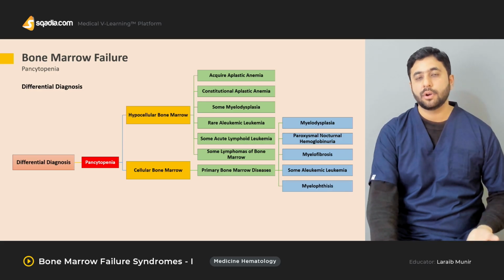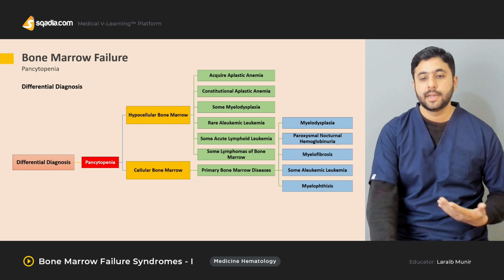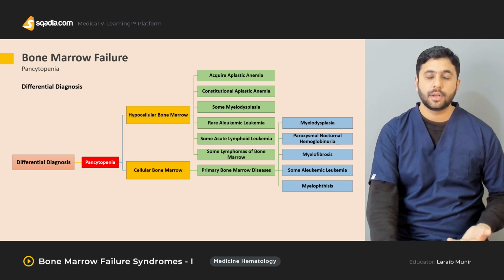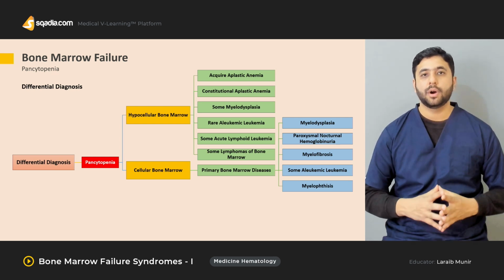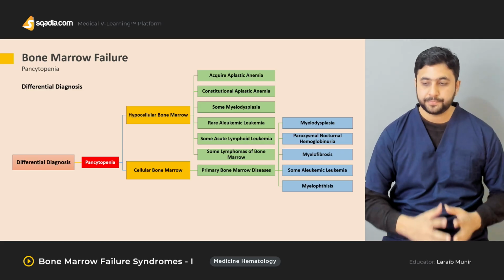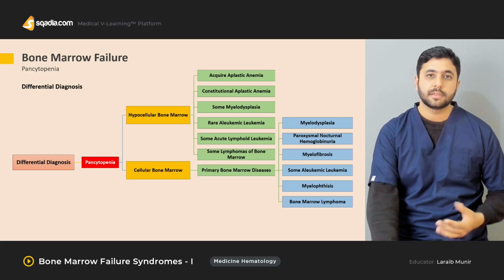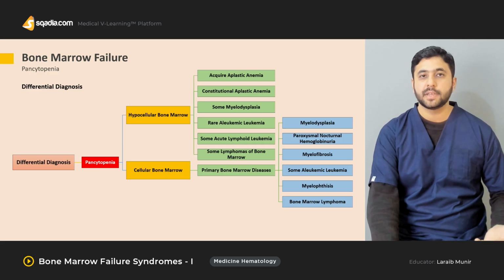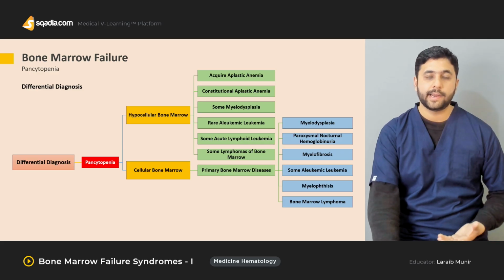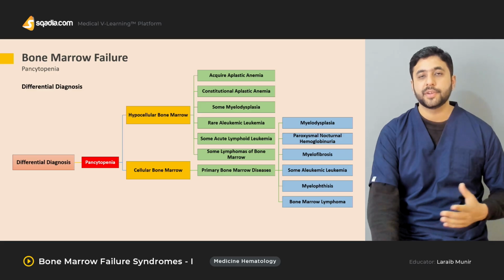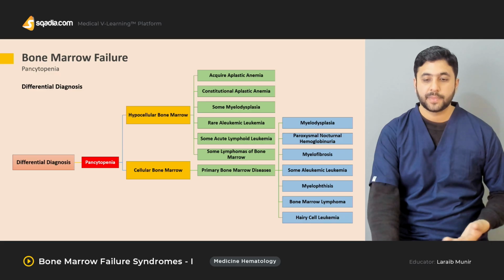Myelophthisis, which we are going to talk about in the second part of our lecture, also has the features of a cellular bone marrow along with a pancytopenic picture. Certain types of bone marrow lymphomas. So the lymphomas, which are the tumors of the lymphoid tissue, have a mixed picture. Some of them present with a hypocellular bone marrow, some have cellularity. So it is important to differentiate these two types on the basis of the bone marrow presentation.